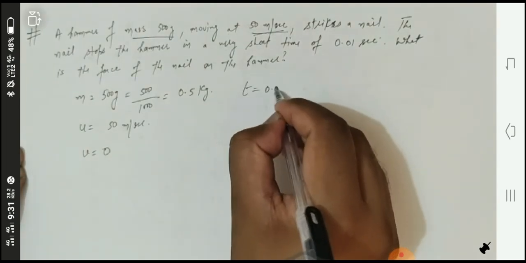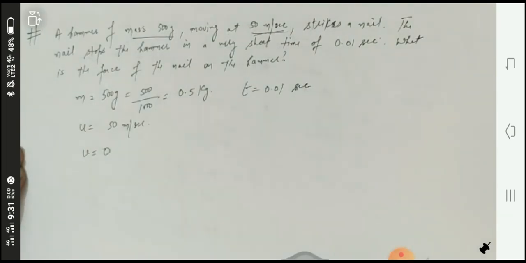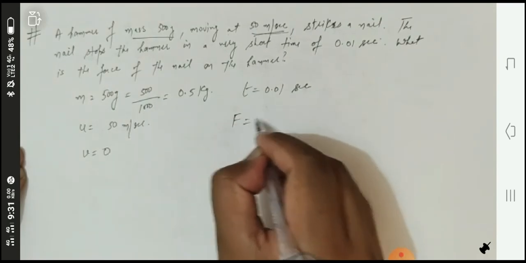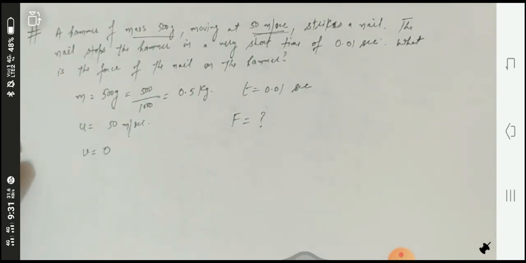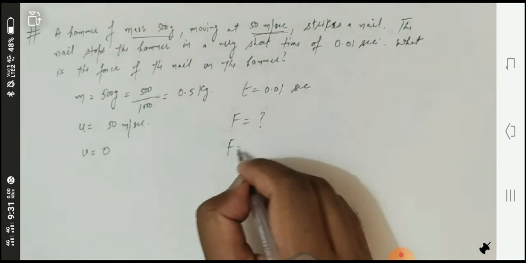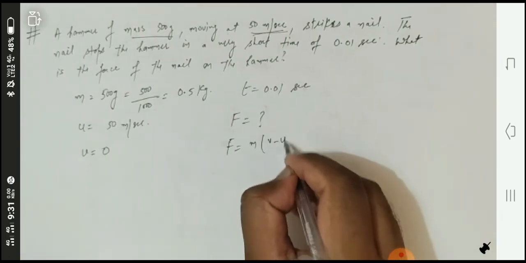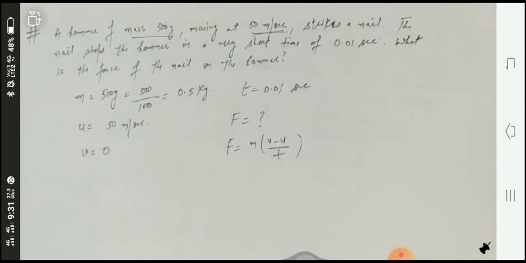Time is 0.01 second. What is the force of the nail on the hammer? You need to calculate the value of force. Fine. Use the formula F is equal to m(v minus u) upon t. Put the values and calculate the value of force.